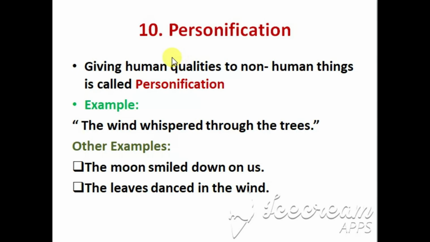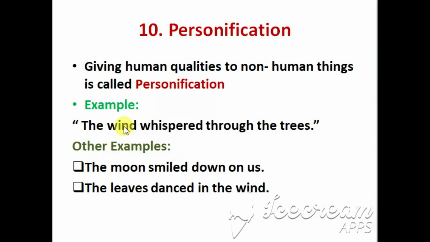The last literary term for today's video is personification. So what is personification? Giving human qualities to non-human things is called personification. For example, the wind whispered through the trees. This is an example of personification.